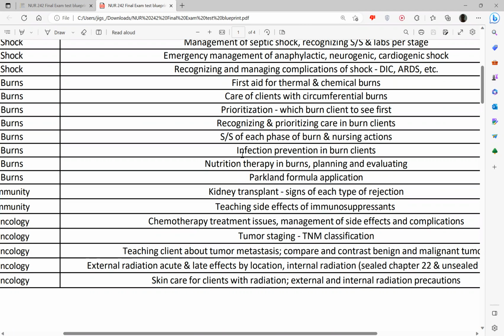Where were we? Each phase. We only discussed the emergent. So what is our focus in the acute phase? Wound care and infection prevention. Now, how do we know the patient is in the acute phase? Is it based on the time?